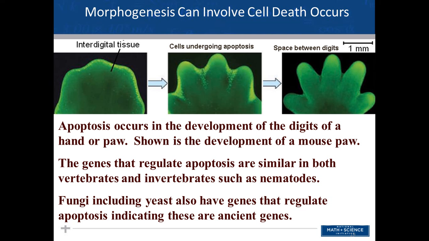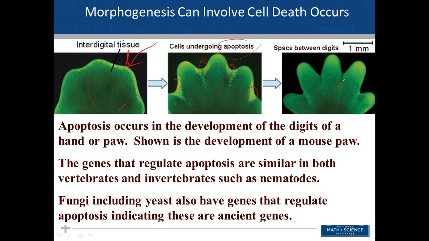So here's a picture of a mouse's paw, and at first, this just looks like a plate of tissue, and you can kind of make out maybe some bones developing, but this webbing, this tissue in between the digits is going to degenerate. These cells are going to die, and they're going to die through the process of apoptosis. Eventually, all that webbing is going to disappear, and we're going to now have digits, and we're going to have a paw on the mouse.